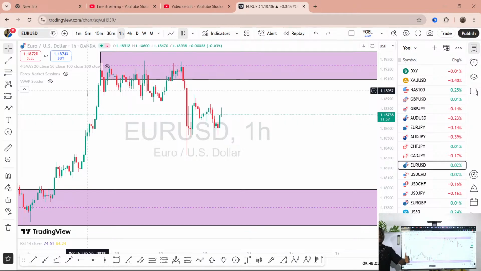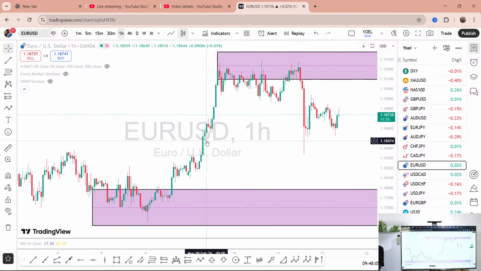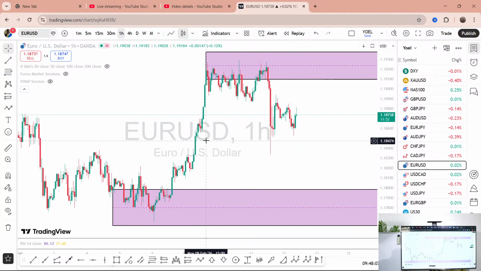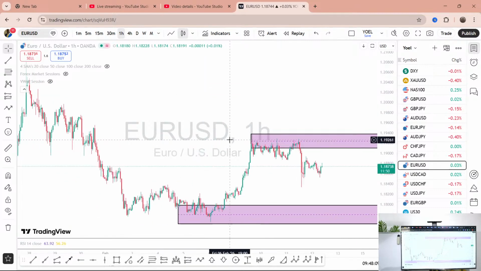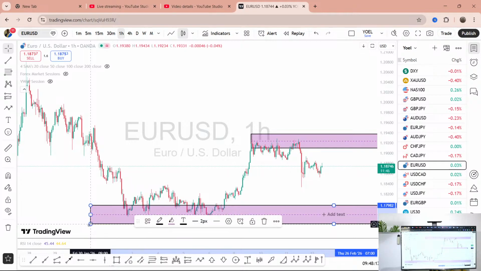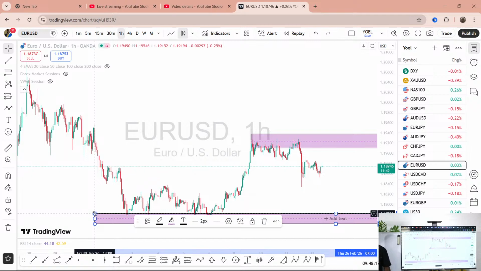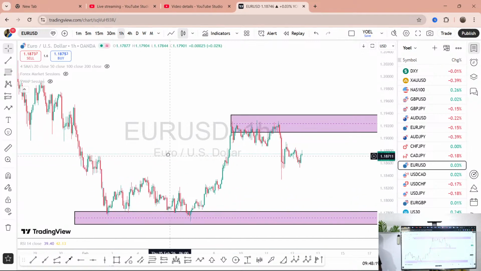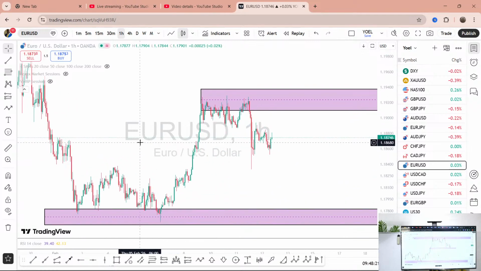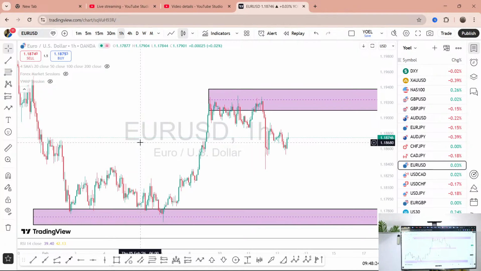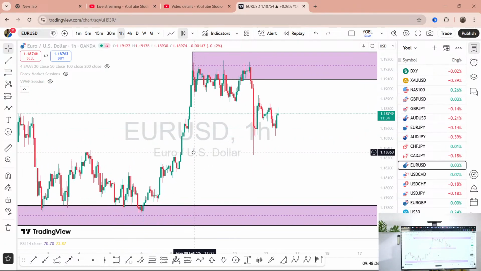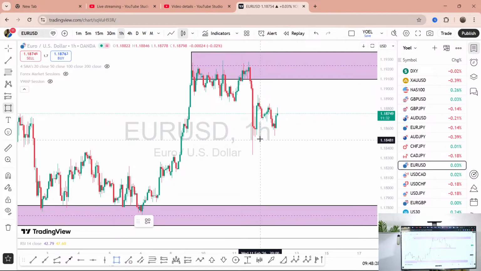You know, 1 hour now is breaking it down. Do you understand? That area is also a key zone, with other confirmation.